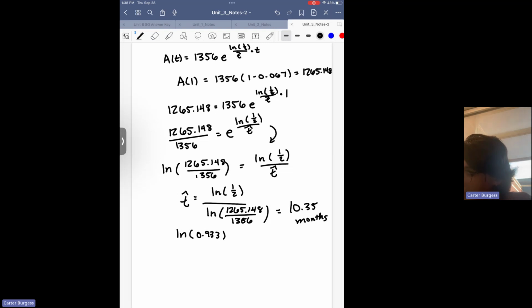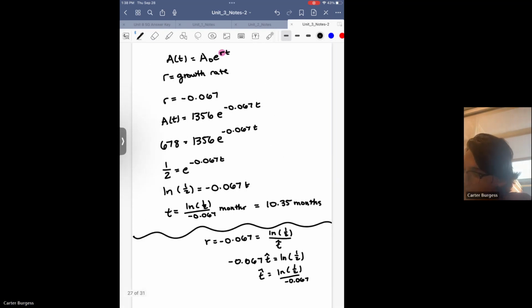Questions from the bell work? The main connection that I wanted you guys to see here was that that percentage change is still this R. Like this R that we're talking about is still some kind of percentage change over some unit of time, right?